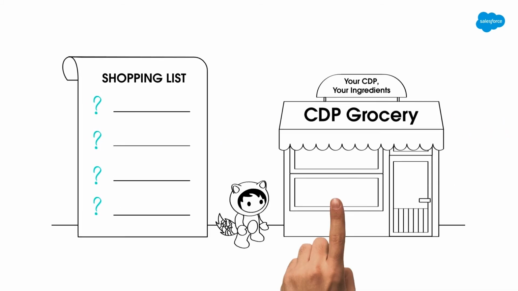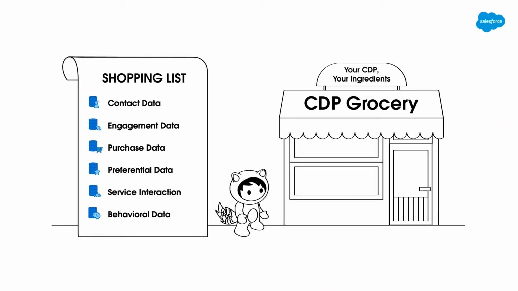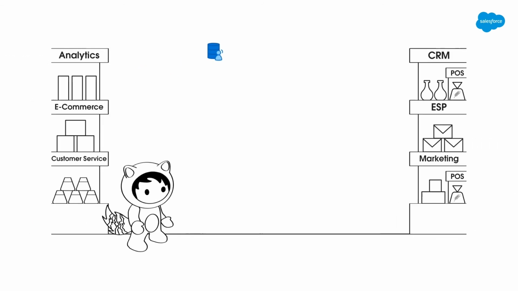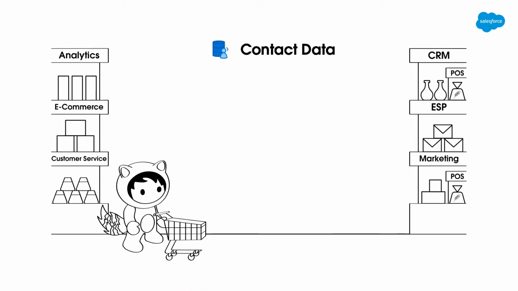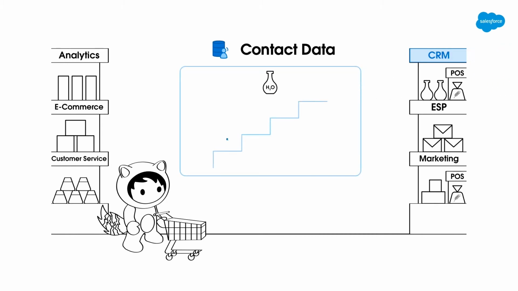All right, so let's grab our shopping list. First on the list is contact data. Now, contact data is typically found in the CRM aisle. This will be a core ingredient, just like water is used across many stages of the cooking and baking process. This ingredient will be key to the foundation of the recipe, and it'll also be key to your success.